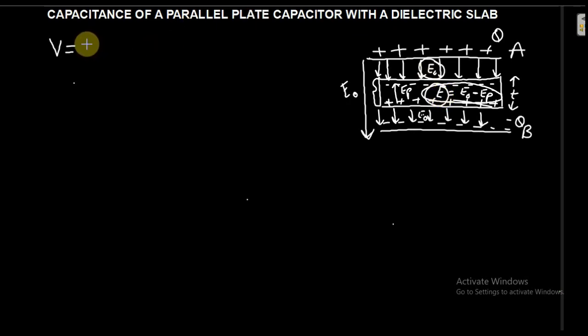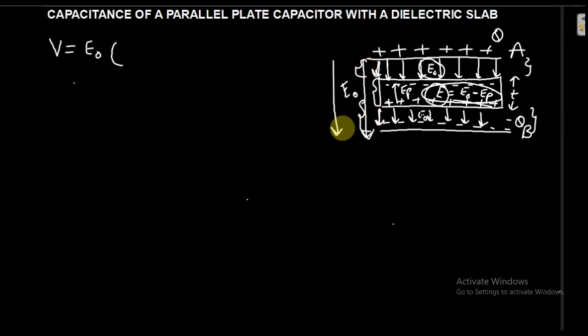First of all, in the region where the E naught field is present, in this and this region, what is the length of this region? How will you find the length of this portion and this portion?